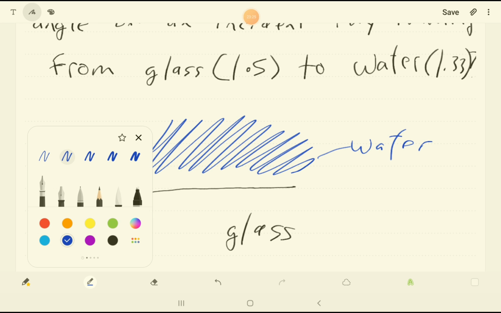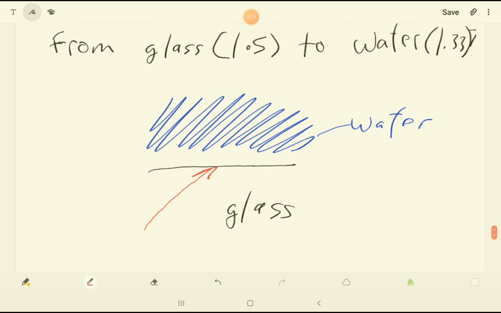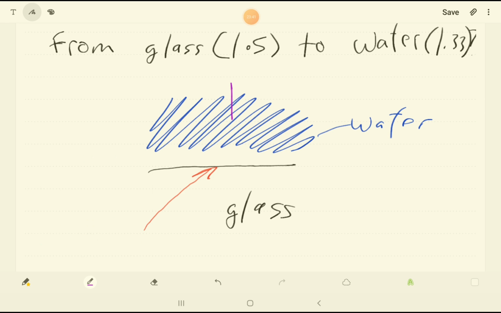And so we have an incident ray here that's going through glass. It could be opaque glass, maybe that's why it refracts a lot more. Here's the incident ray. And remember that in order for total internal reflection to not occur, we can't exceed a refraction angle, read, of course, clockwise, of 90 degrees here.